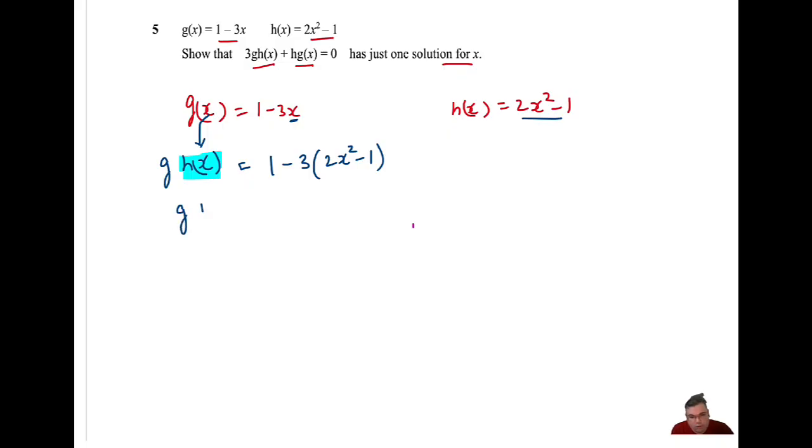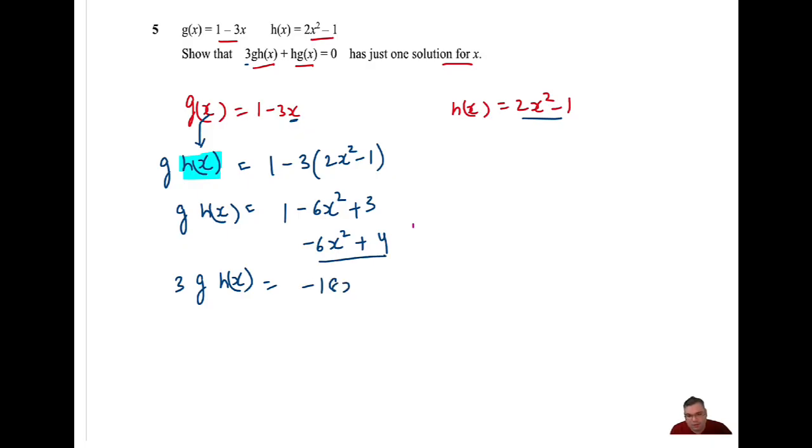So g of h(x) equals 1 minus 6x squared plus 3, which is minus 6x squared plus 4. Now we need to find 3gh(x), so let's multiply by 3: minus 18x squared plus 12, right?